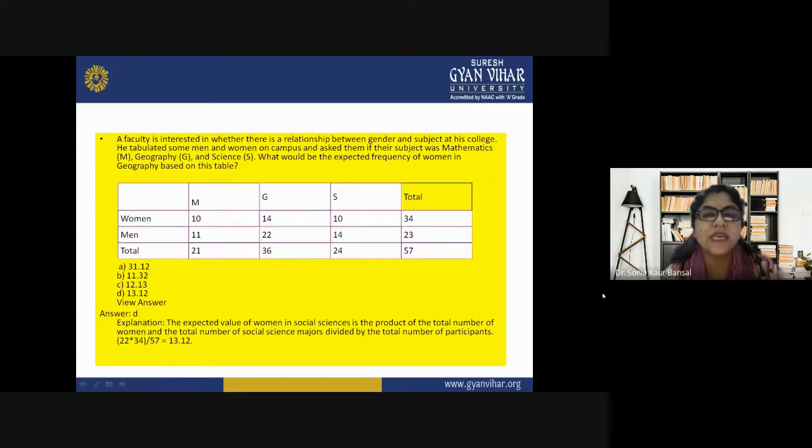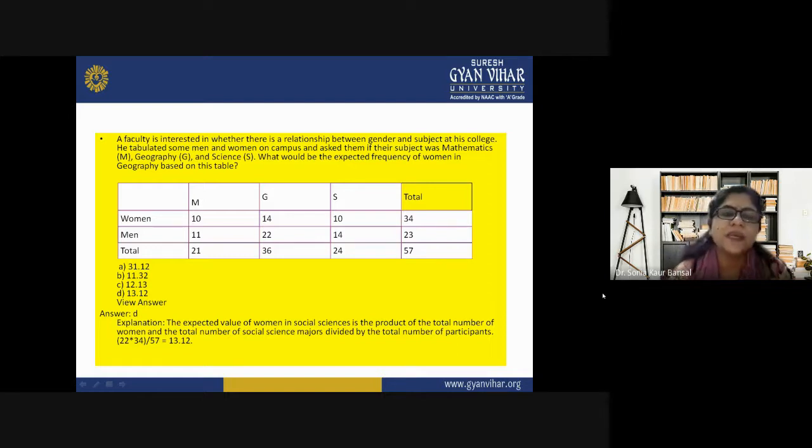Now students, let's have a look at this question very carefully. We'll be understanding very clearly about the chi-square test. A faculty member is interested in whether there is a relationship between gender and subject at his college.